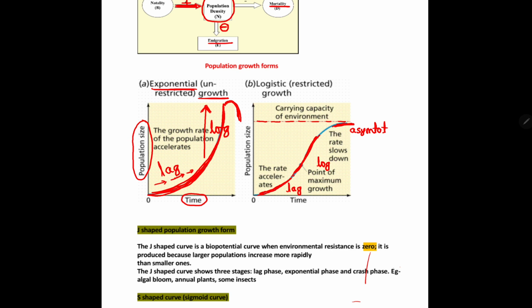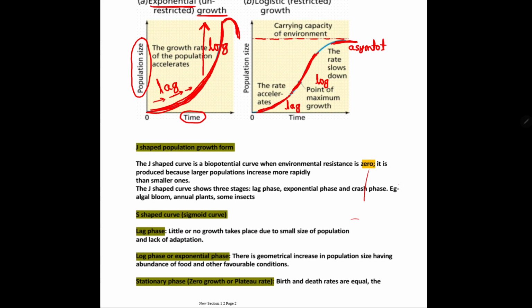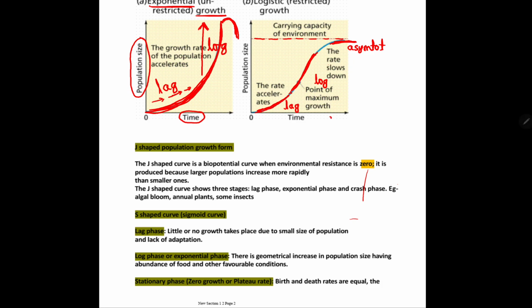Carrying capacity means the ability of an ecosystem to accommodate organisms. So if it touches that ability, there will be no growth after that, and it will reach the asymptote phase. Fine, we also call it the S shaped growth curve.